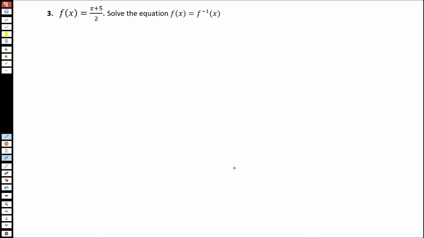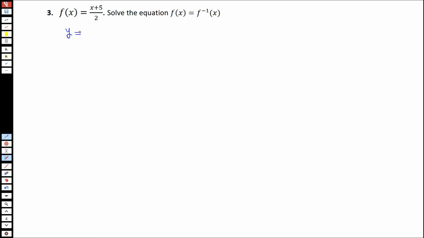Number 3. We have a function f of x, and we are required to solve for the values of x where this function is equal to its inverse. So let's first of all start by finding its inverse, and then we'll just equate them and solve for x.